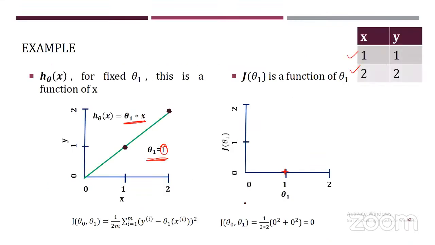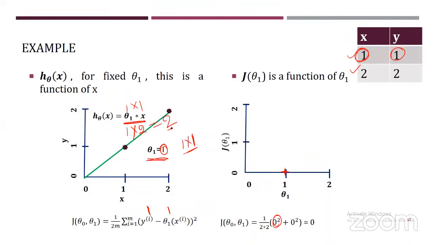So in this case, for this first instance, the actual is 1, and the predicted is 1 into 1, according to this equation, so it's going to be 1. Actual is 1 and predicted is also 1, so the difference is going to be 0. Now in the next case, actual is 2.